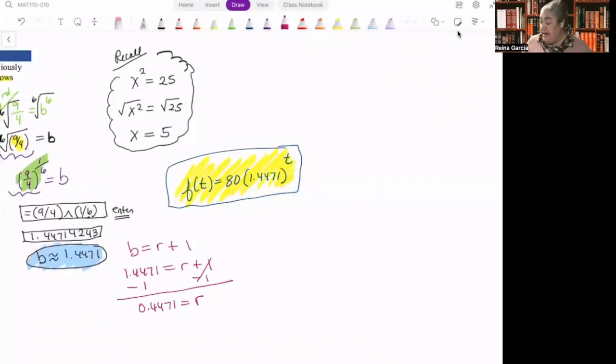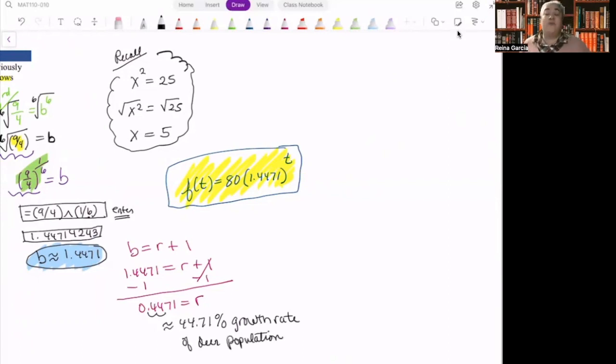You then turn it into a percentage by simply moving over your decimal 2 places to the right. And so this is approximately 44.71%. And since it's positive, this is growth rate of deer population.